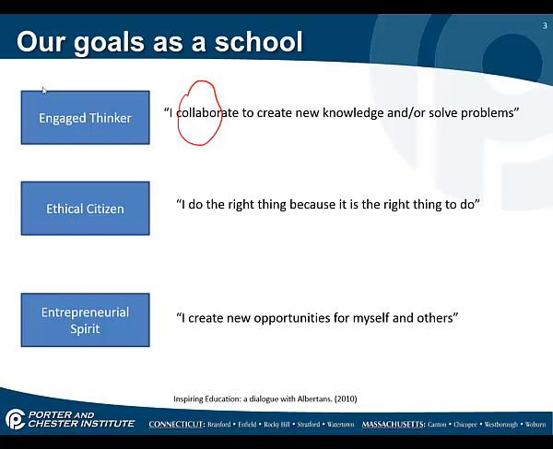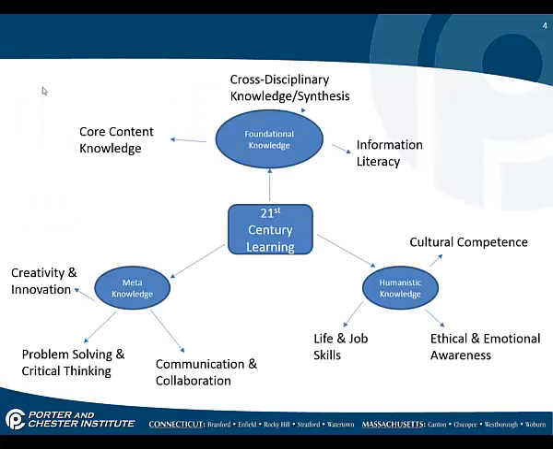It's not that you're going to work for someone else for the rest of your life. For most of us who are in the trades, okay, you eventually want to go be your own boss. That's part of it. But you also want to be able to create new opportunities for yourself while you're working for someone else. That's the other part of it. Okay, 21st century learning has shifted things a little bit.